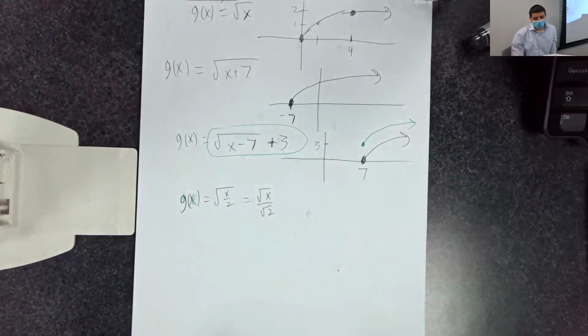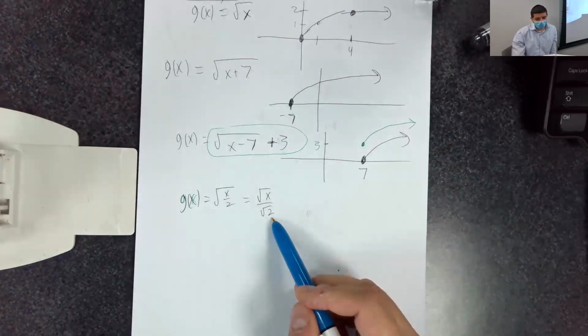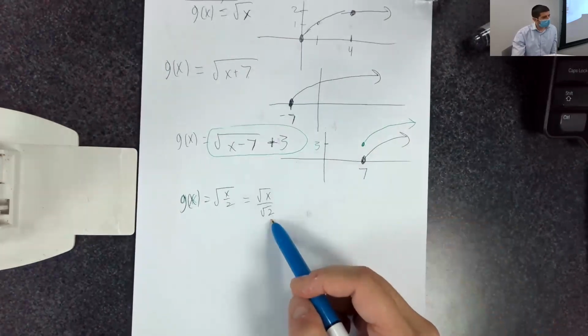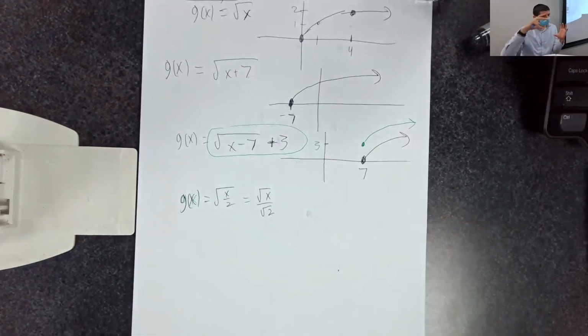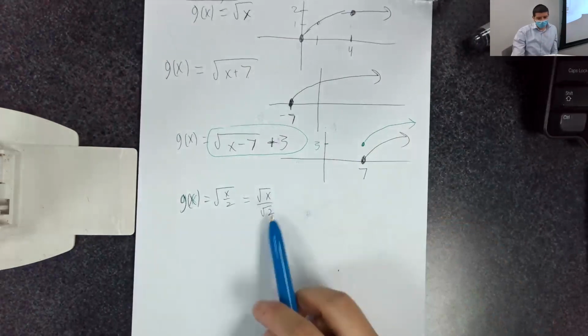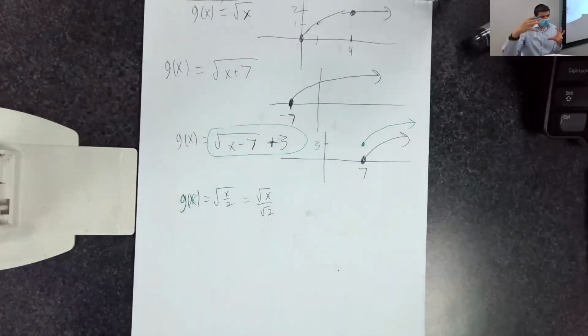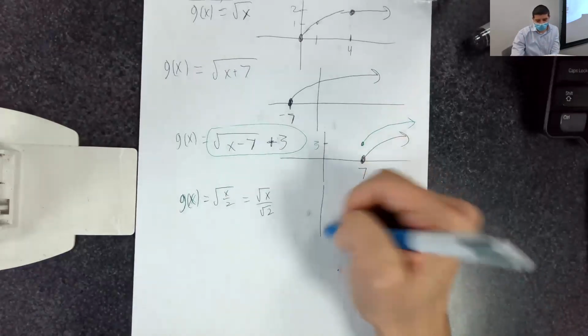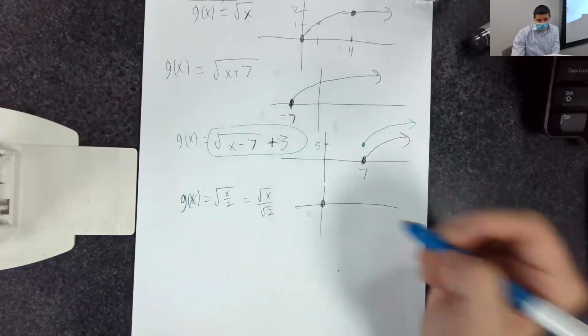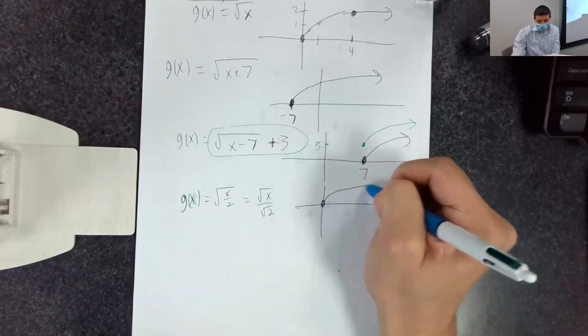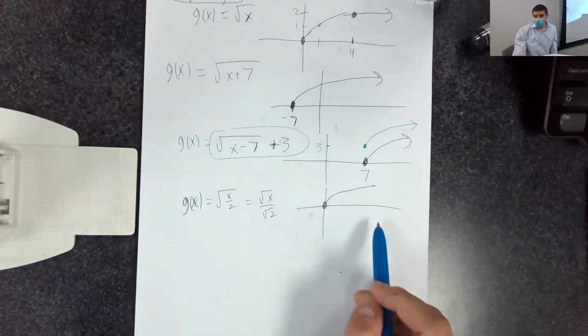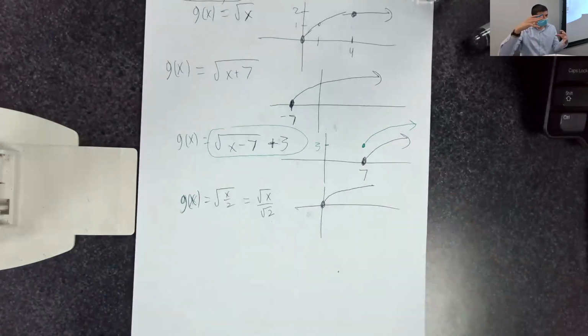This one would be a little bit trickier, but this is just scaling it. It's just taking the original graph and either enlarging it or shrinking it. Since I'm dividing by radical 2, a number bigger than 1, I'm kind of shrinking the y values. It would still be radical x, and it might still even look like this until I start filling numbers in, but it'll still look the same. It'll just get either shrunk or expanded.